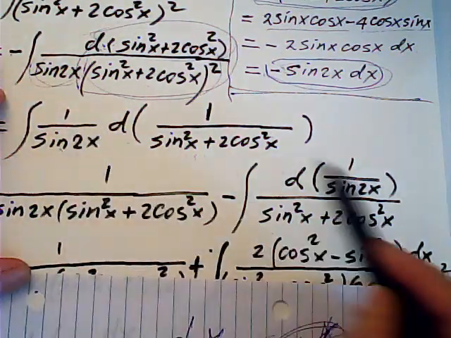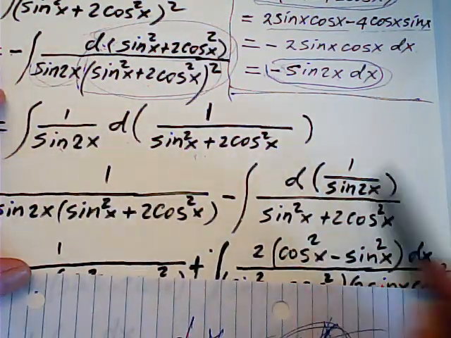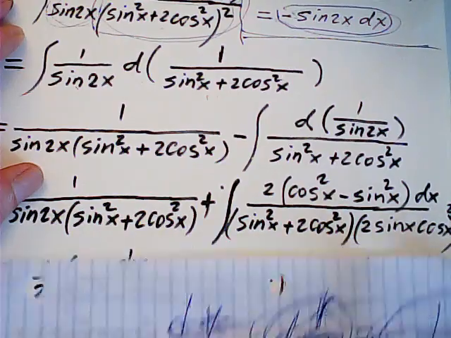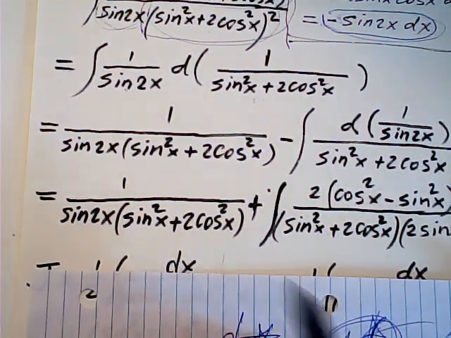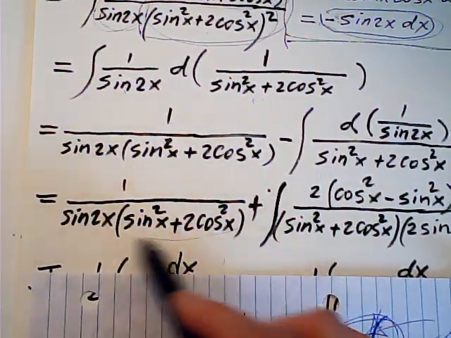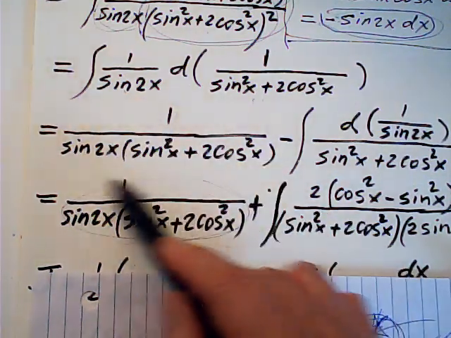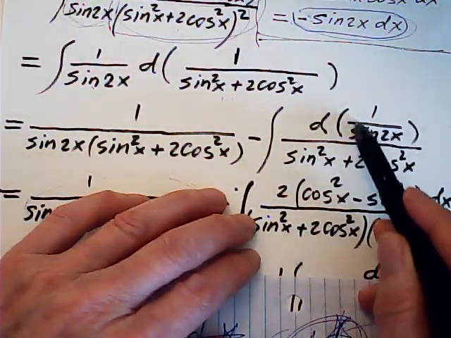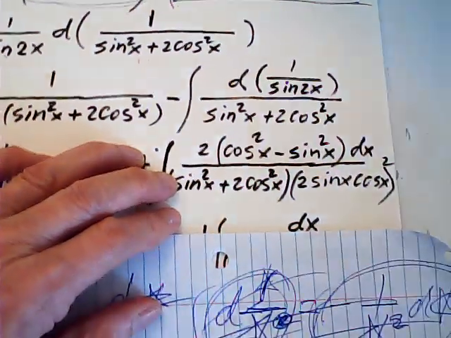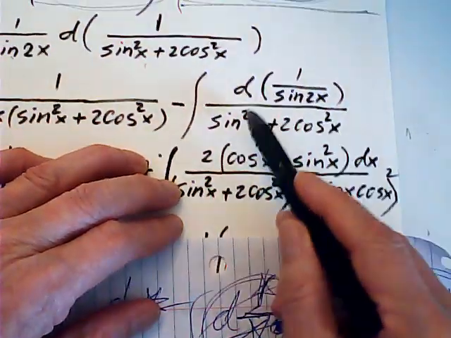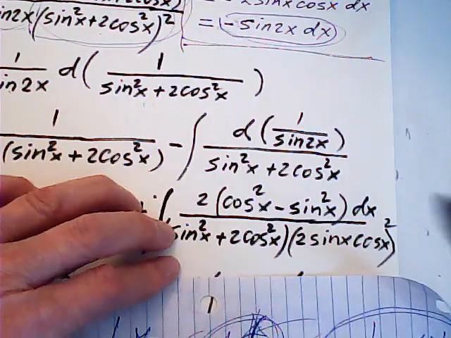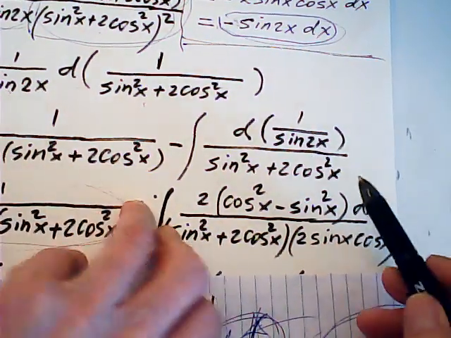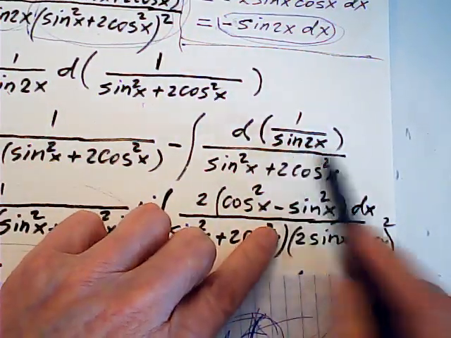V is this, 1 over that. Du is the derivative of this. That's du. Then this is this, right? I'm not touching it. And this derivative is by quotient rule, right? This is square.